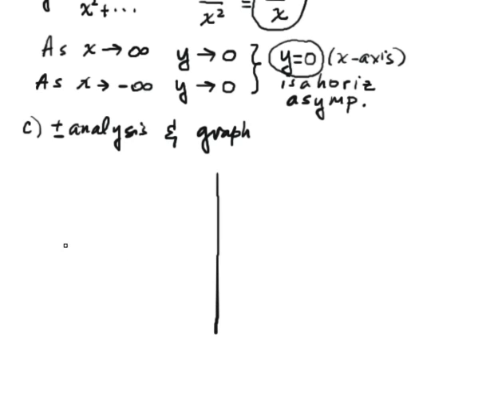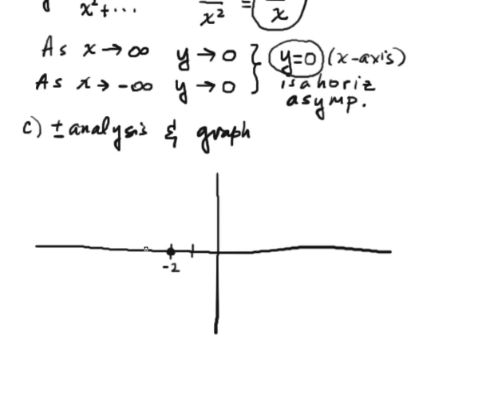We'll start by putting the intercepts and the vertical asymptotes on the graph. Well, we only have one x-intercept, at x equal minus 2. So we'll put that there.